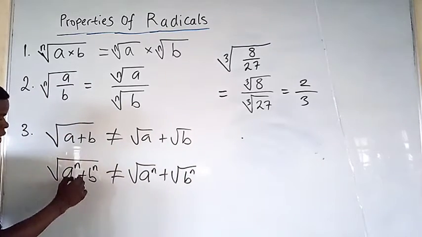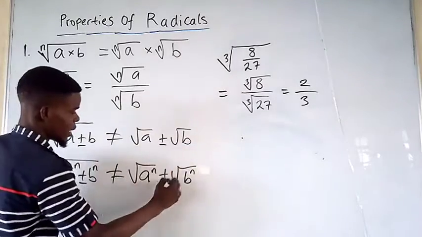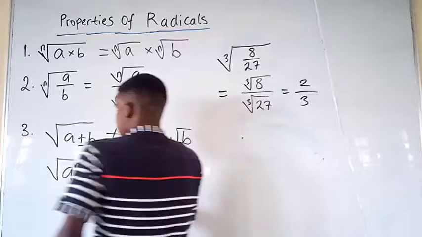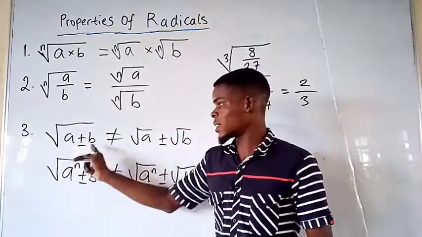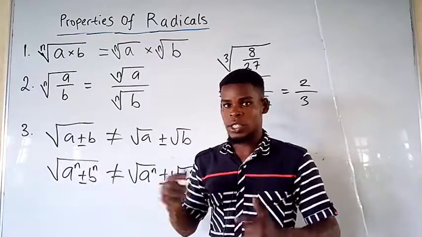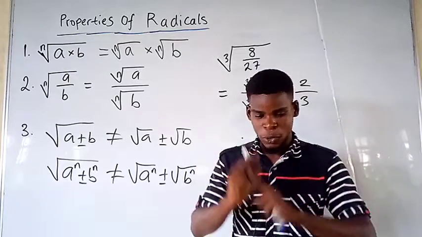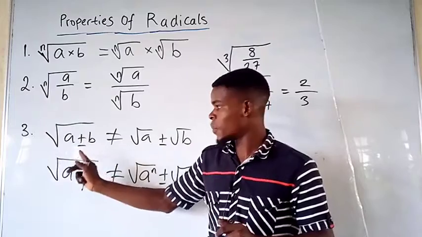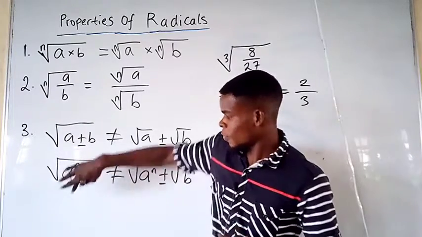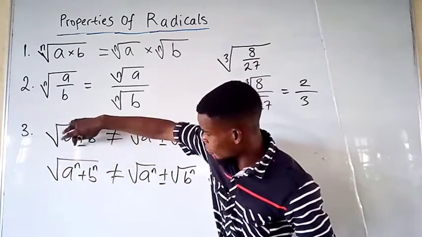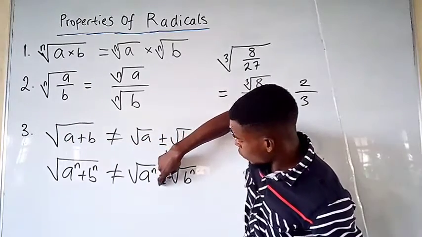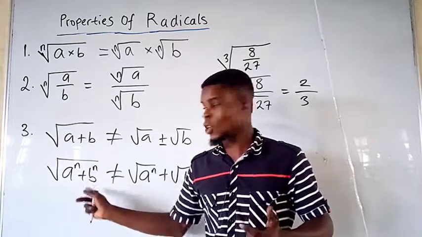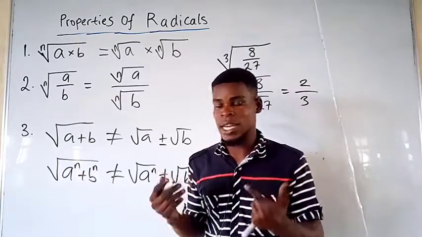It also works for their difference, either their sum or their difference. They are not the same. This will only be the same if one of these is 0, but it doesn't imply that they will be the same for all numbers. We are even talking about square root, so let me remove this minus because it's going to complicate our work. When we're talking about square root, the entry here should not be negative, should not be less than 0. So you also take note of that.